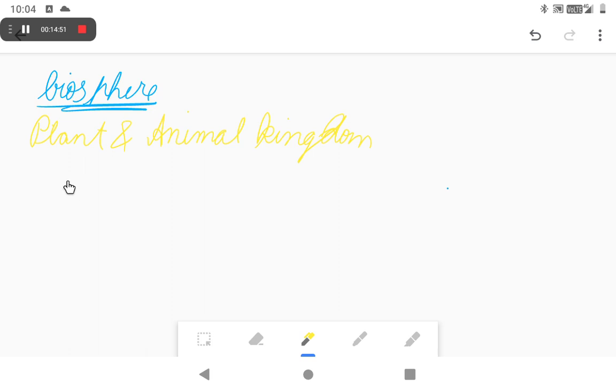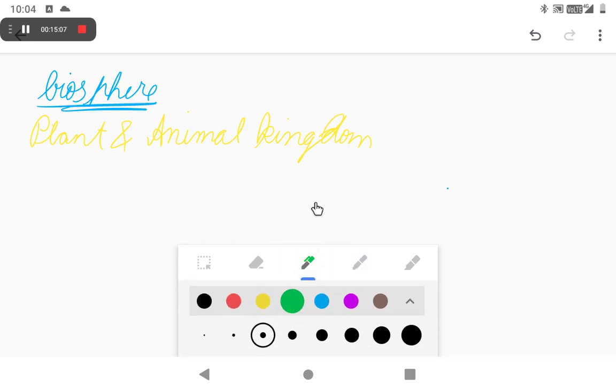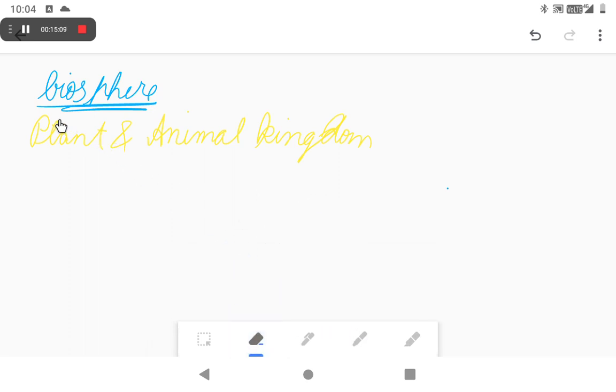Biosphere is the living world. It is a narrow zone of the earth where all the land, all the life support systems come together and interact. Which life support systems come in and interact?